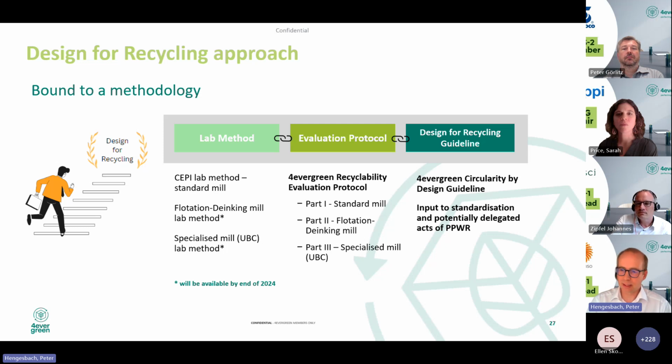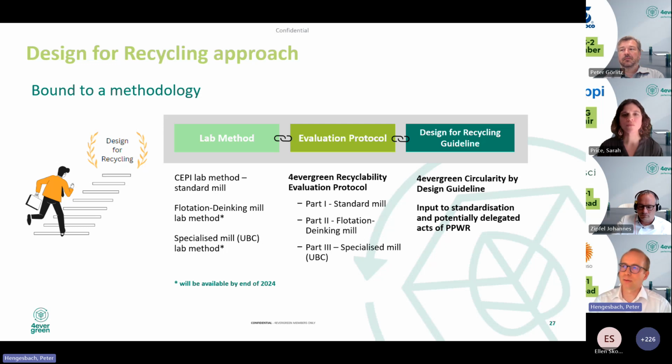So we need design for recycling guidelines, design for recycling tables, as Peter has explained earlier today. But to be able to set up these design for recycling guidelines and tables with the ratings, whether it's fully compatible, conditionally or not compatible, this requires some information.